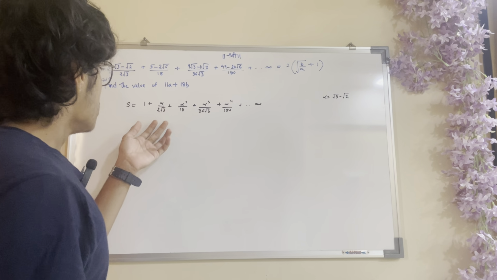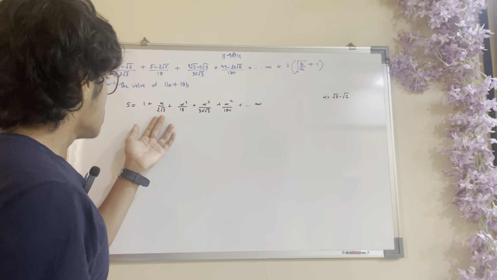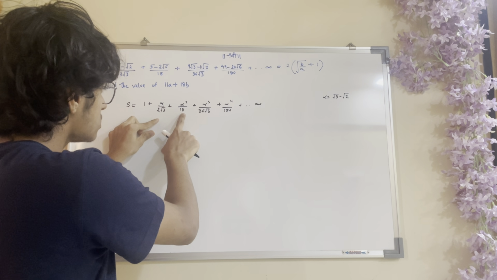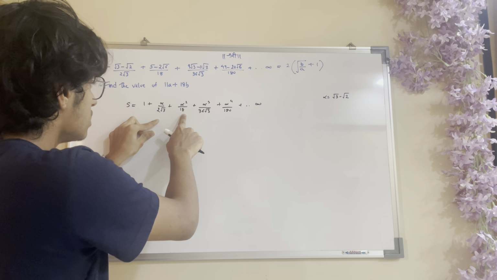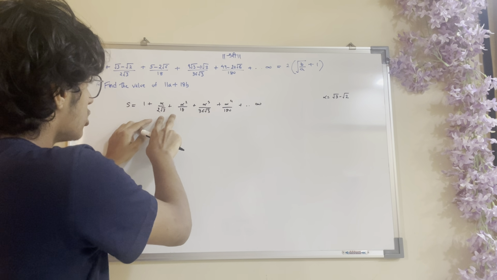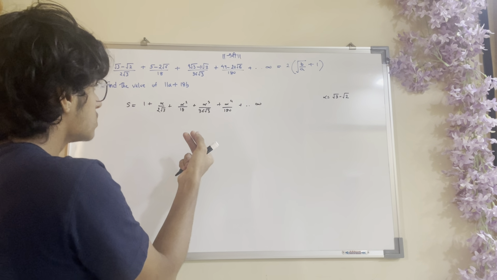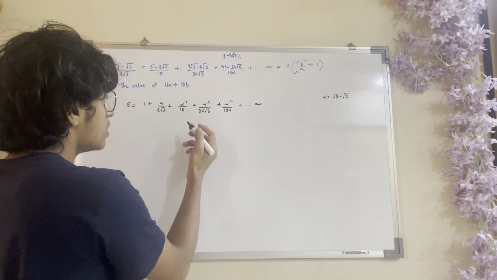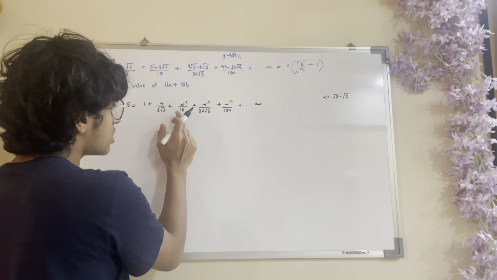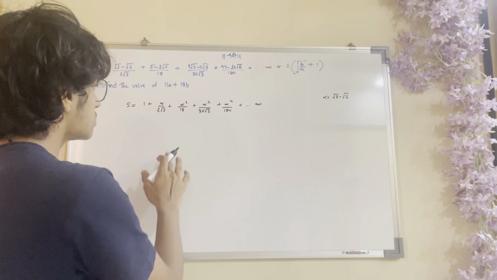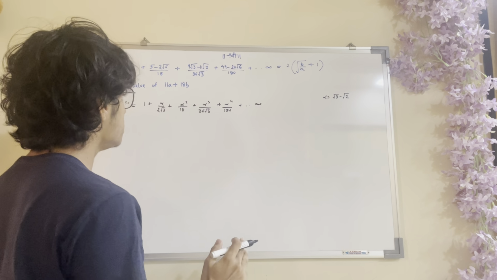Now if we divide 18 by 2 root 3, we will get 3 root 3. If we divide 36 root 3 by 18, we get 2 root 3. So we don't have a common ratio. So this is not a GP of any type.